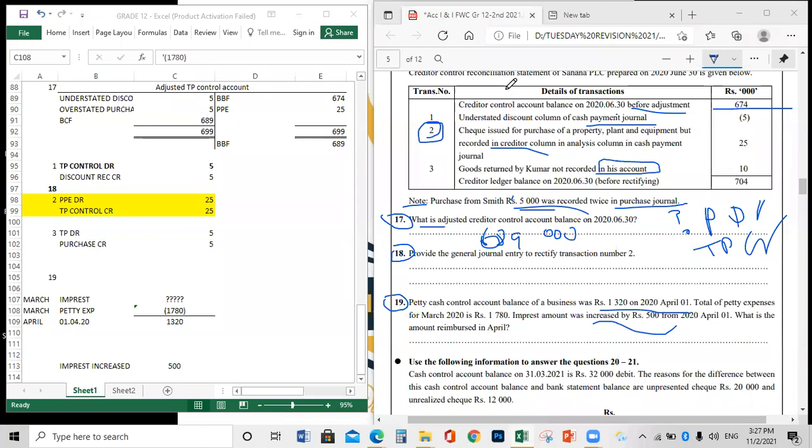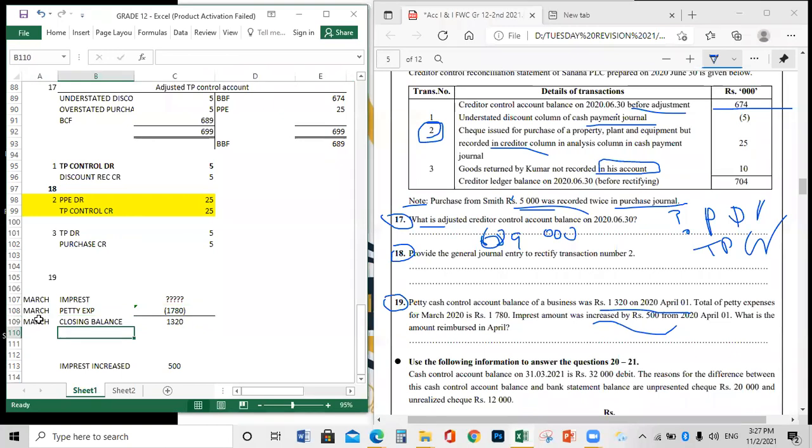If the expense is 1,780 and the March closing balance, guys, now you understand, April opening balance is going to be the March closing balance. That is logic, that is understandable, right?